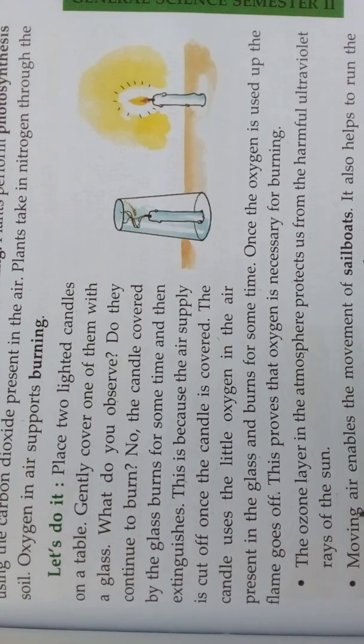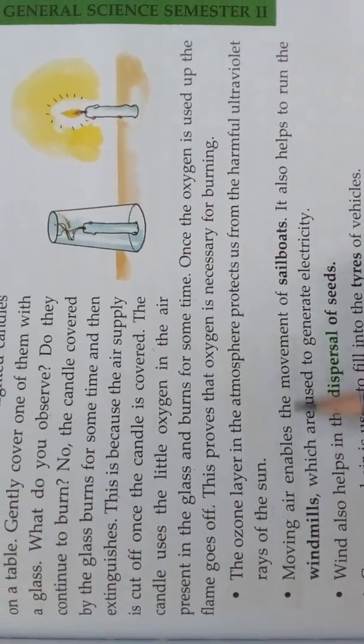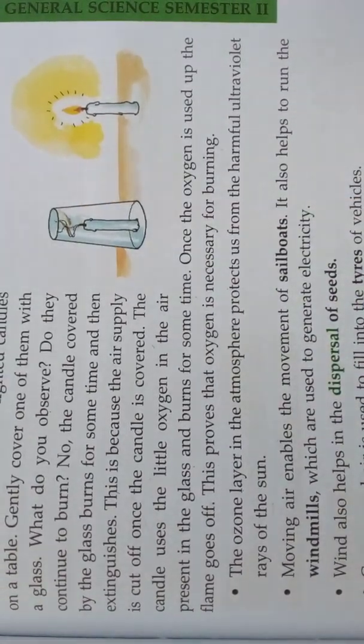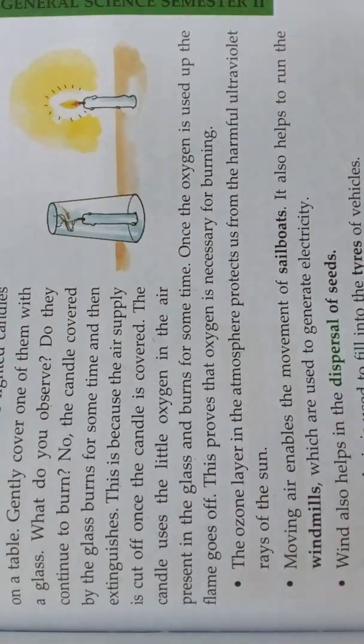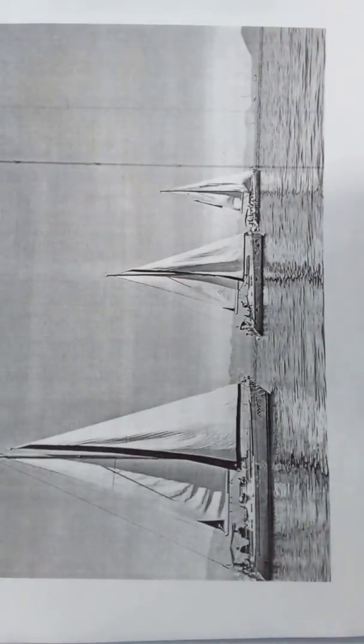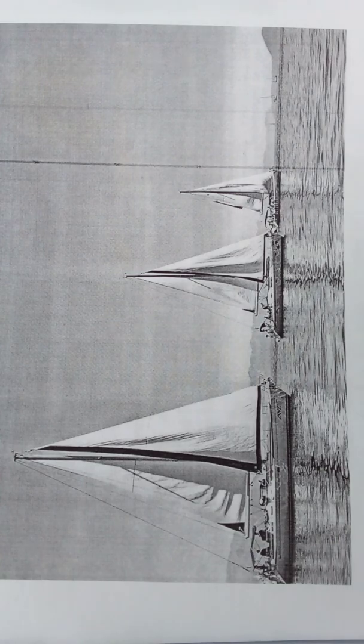Moving air enables the movement of sailboats. See here, children, these are all sailboats. With the help of the moving air, these boats will move in the direction of the air.